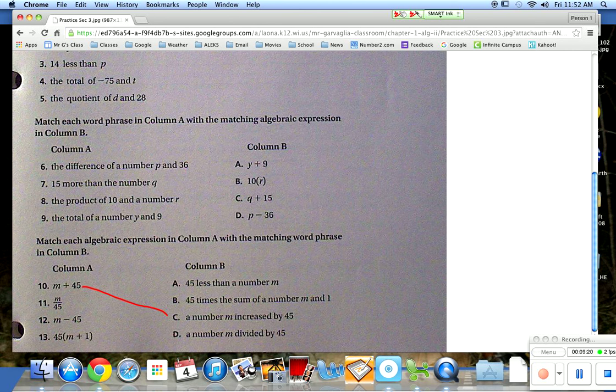D, a number divided by, yep. Therese, what's 12? A? Yep. And which one is that, Preston? Way to go. This is what it is. Think you guys can do this? Yes. All right. Good.